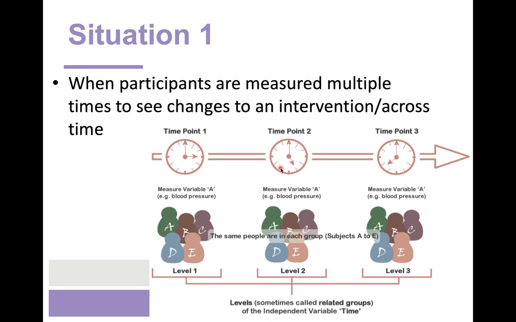We check back in 6 months later with those same people and we measure their blood pressure. And then we check back in 6 months later and measure their blood pressure for a final time, such that we have the same group of people who we are following over time, such that our independent variable here is technically time itself, right? The passage of time can be considered an independent variable here.